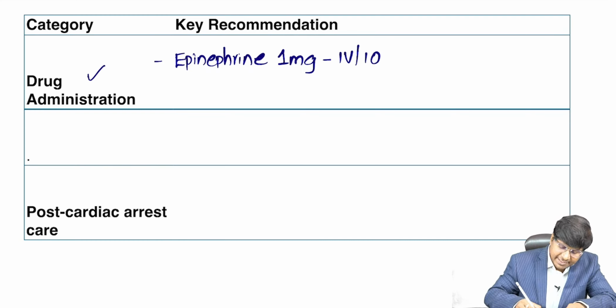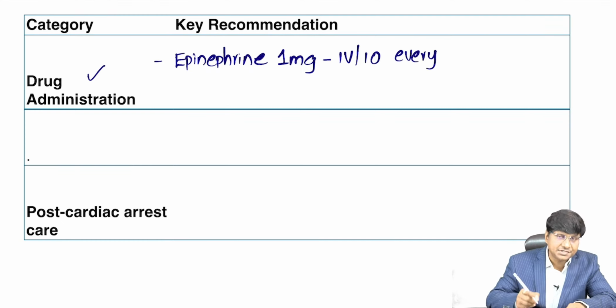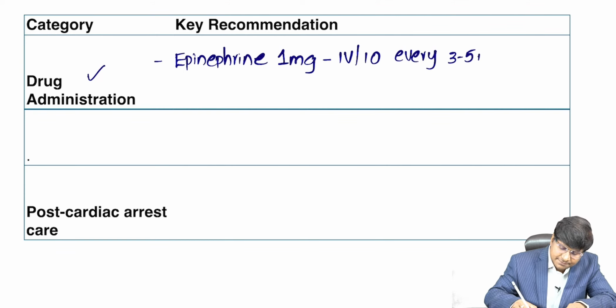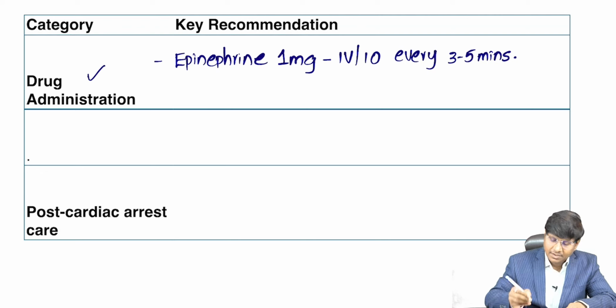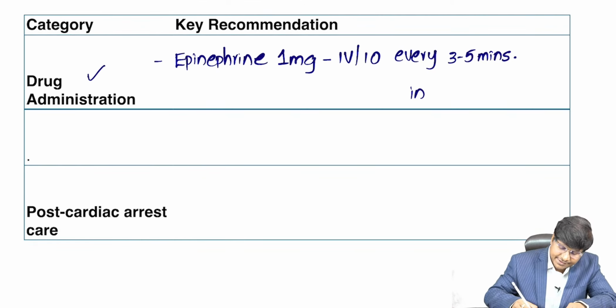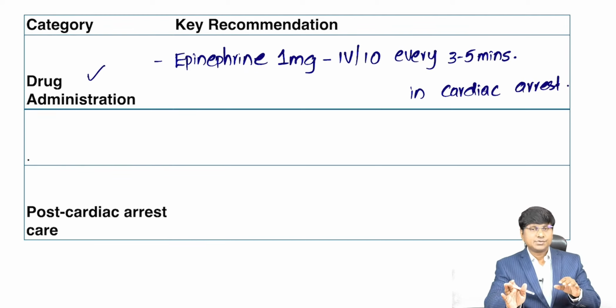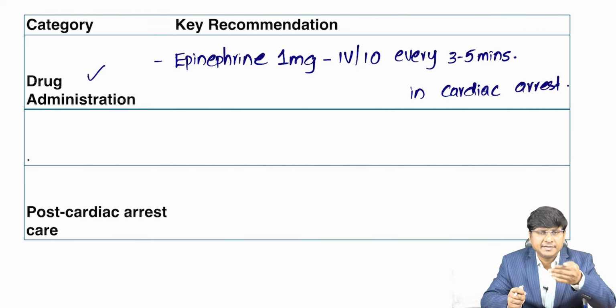This epinephrine 1 milligram IV or IO has to be administered every 3 to 5 minutes in cardiac arrest. This epinephrine administration is mainly to achieve cardiac activity.